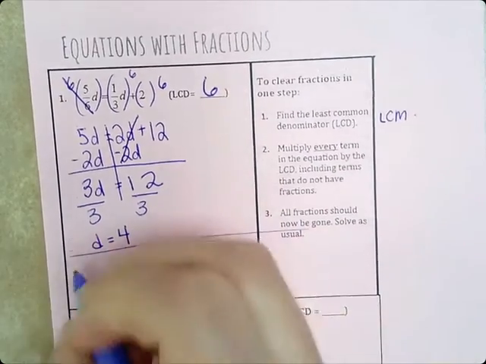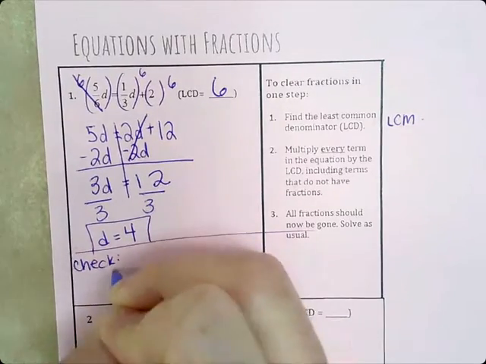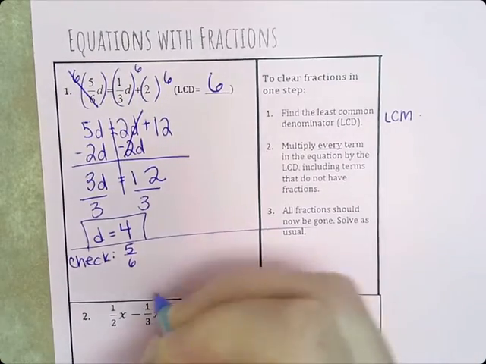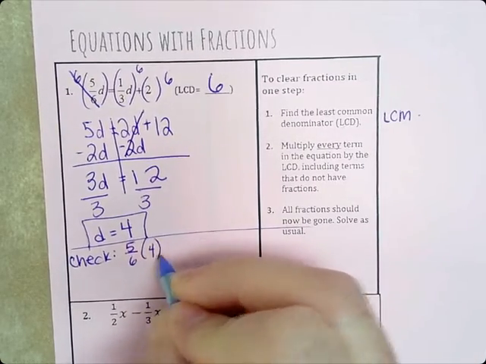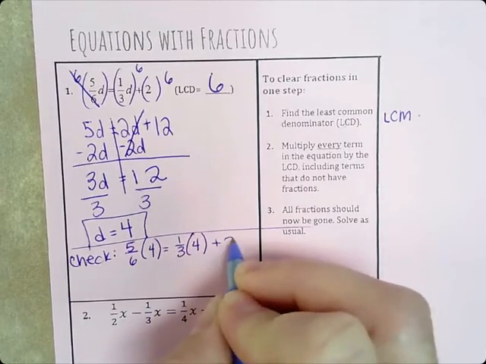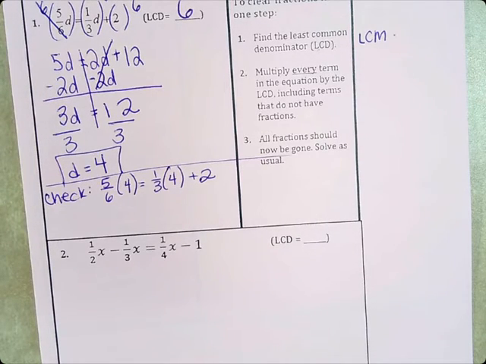We do still need to check it. So 5/6, go back to the original equation, times 4 equals 1/3 times 4 plus 2. Write it down and then we will put it in our calculator.